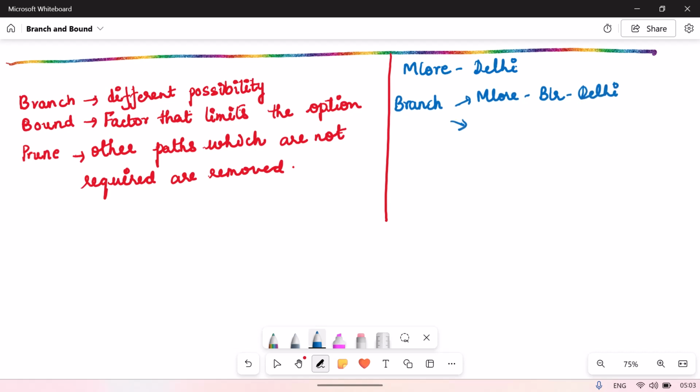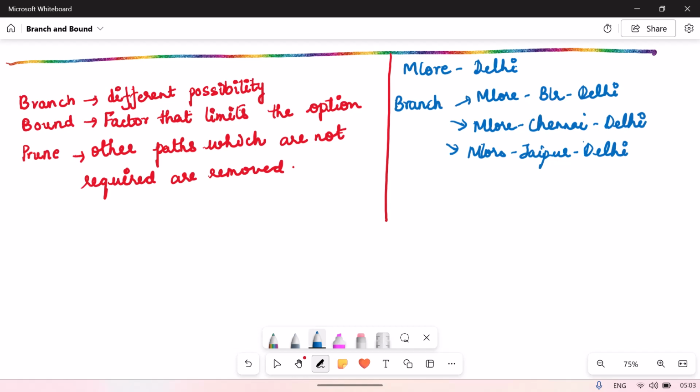Maybe another way is Mangalore, Chennai, and then Delhi. And let's say the other option is Mangalore, Jaipur, and then Delhi. See here, I'm exploring the options. That comes under the branch part.